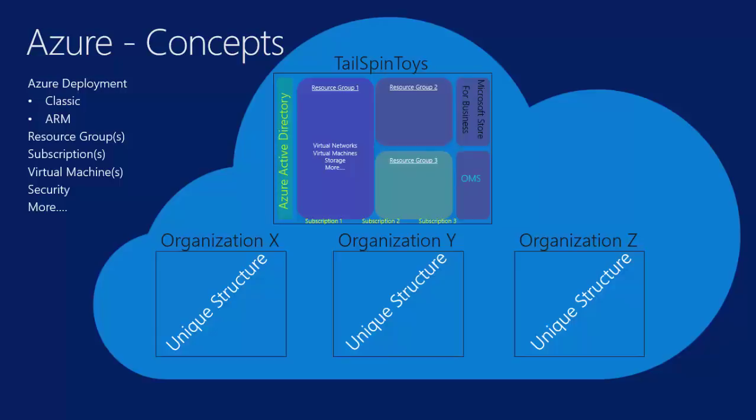The Resource Manager deployment model provides a few benefits, such as being able to deploy, manage, and monitor all the services for your solution as a unit, as a group, instead of having to handle these services individually. You can also repeatedly deploy your solution throughout its lifecycle, and have confidence that as your resources are deployed, they'll be in a consistent state, right?